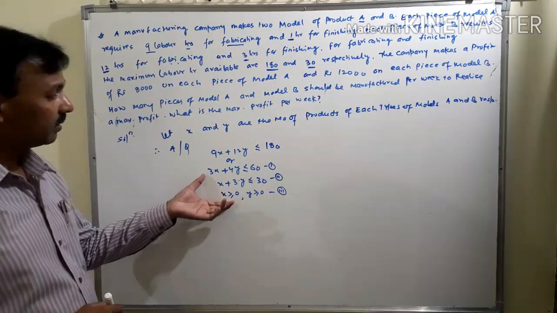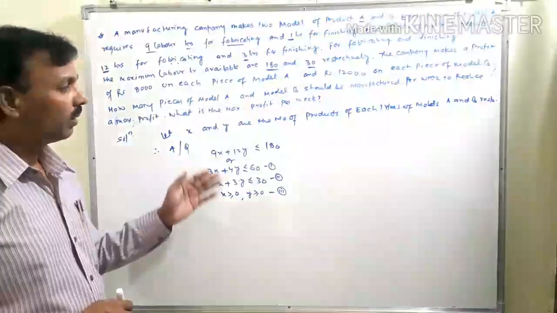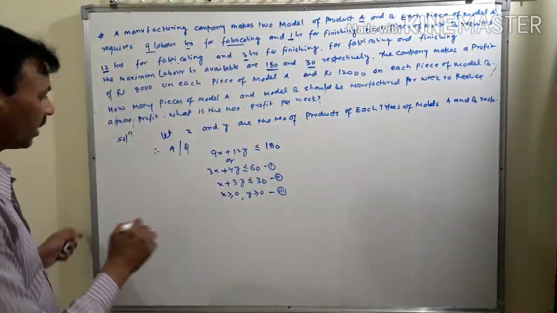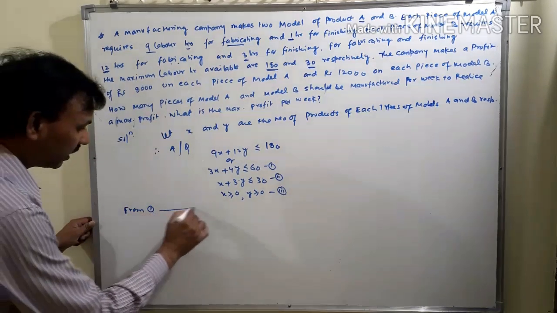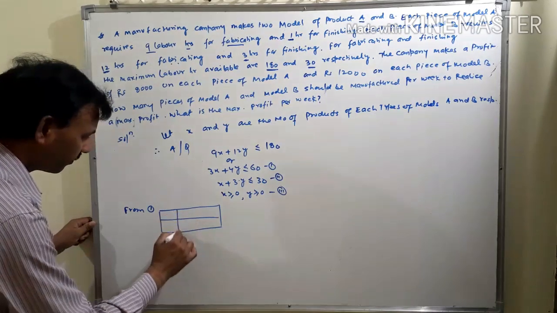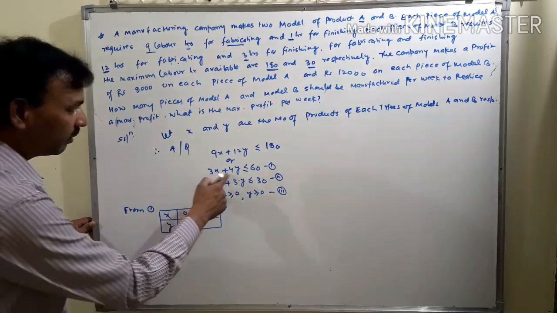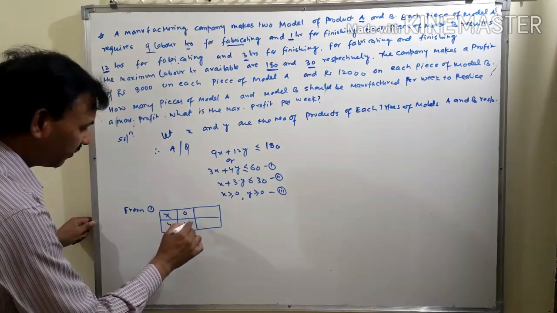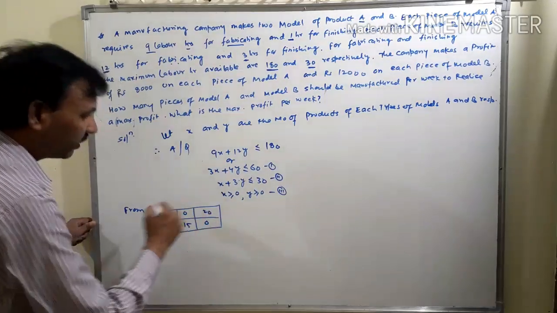Now for solving, first we draw the graph and then find the feasible region. From the first, if we put x equal to 0, then y will be 15, and if y is 0, then x will be 20.